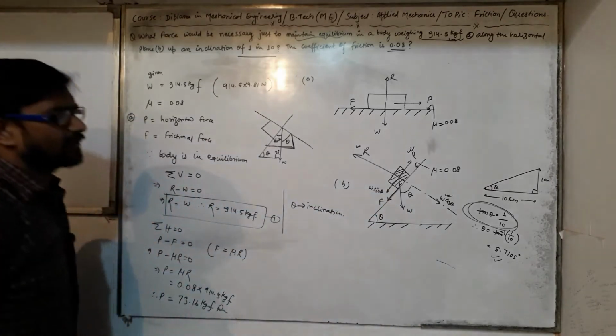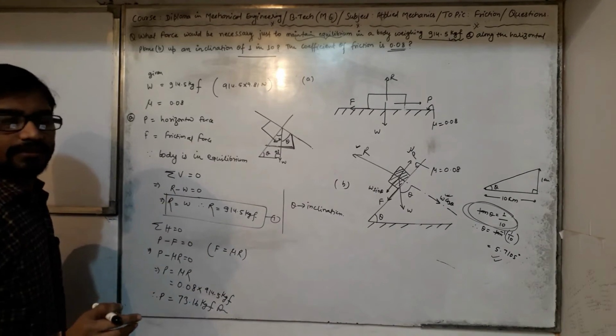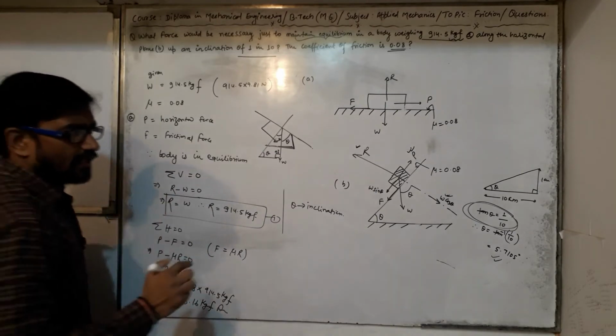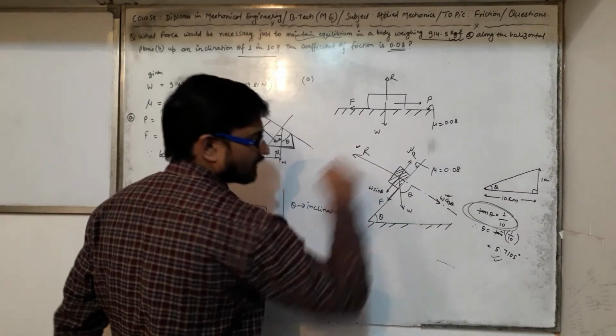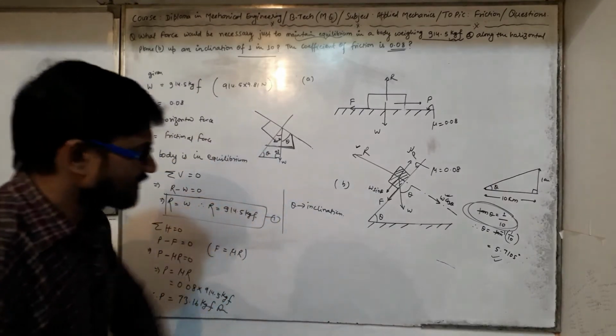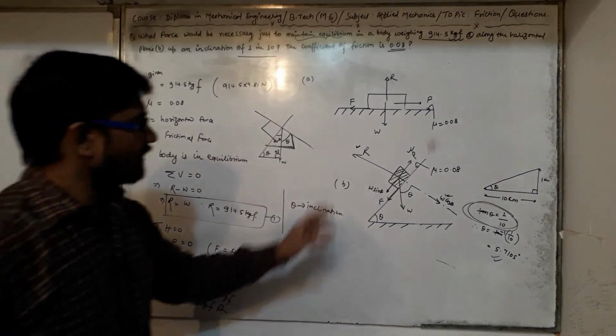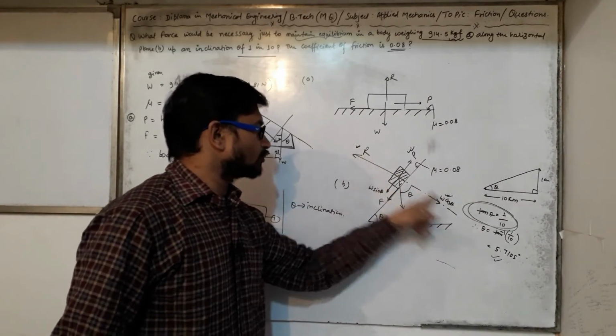Frictional force would act in the downward direction. Now the body is in equilibrium. Hence three forces act horizontally along the inclined plane. One is P, another is W sin theta, another is F, that is the frictional force. Now vertically, two forces R and W cos theta are in equilibrium, so both must be equal.